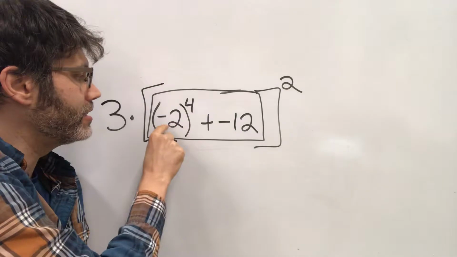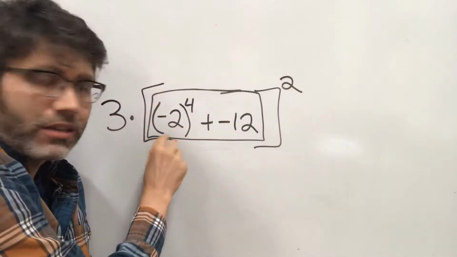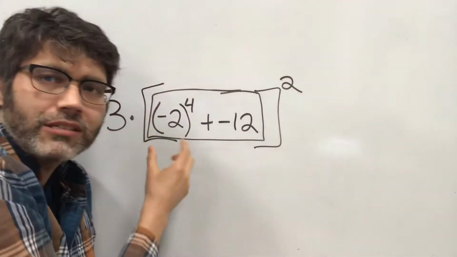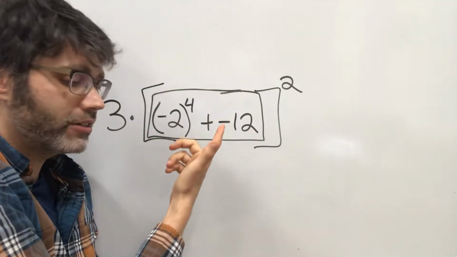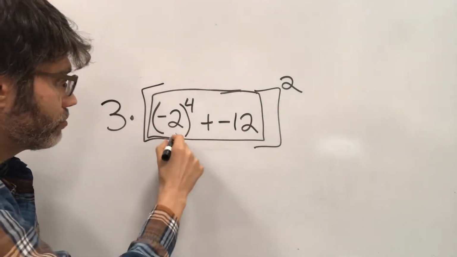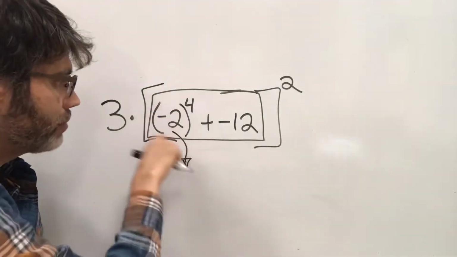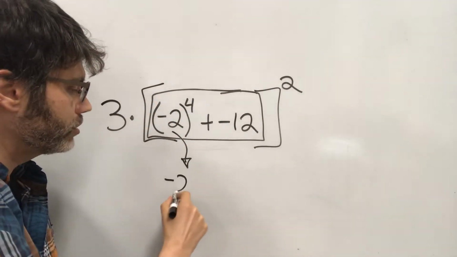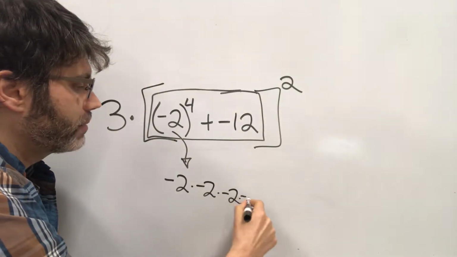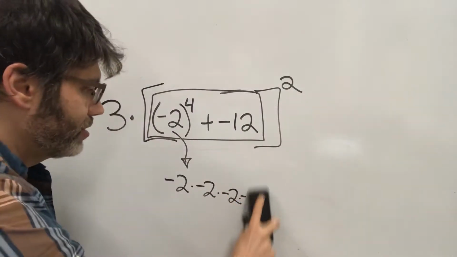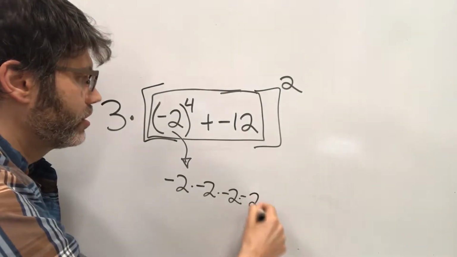And this is negative 2 in parentheses, so that means everything inside the parentheses is going to be considered the base, and then the 4 is going to be considered the exponent. So it's this right here. If this was just a problem by itself, it would be telling us to multiply negative 2 against itself 4 times.